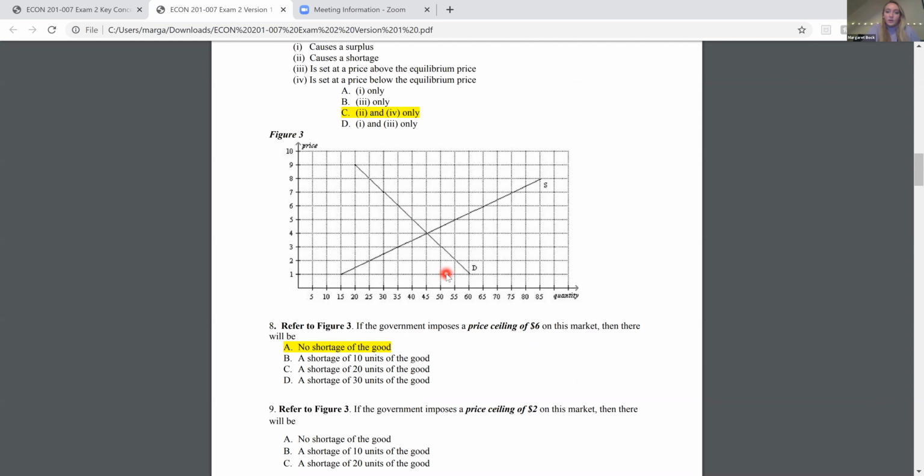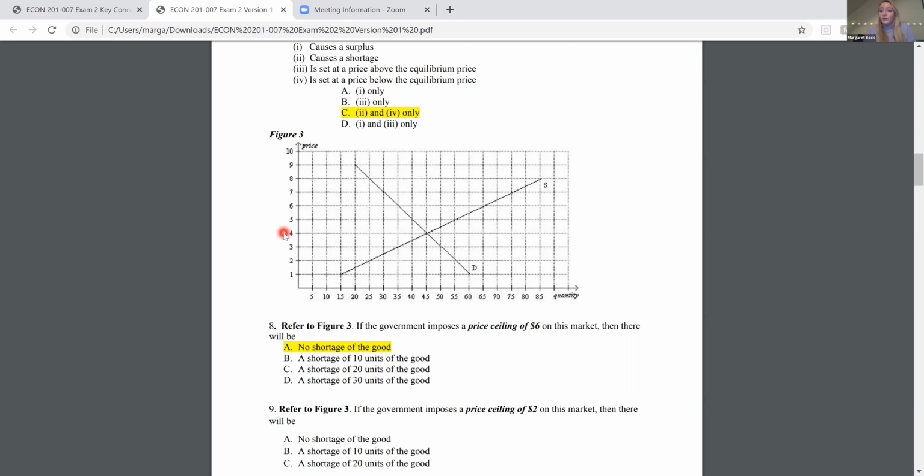So we go up to our supply and demand model. We know that at the equilibrium, we can find that the price that buyers are willing to pay for this good and the price that sellers are willing to sell this good at is $4.